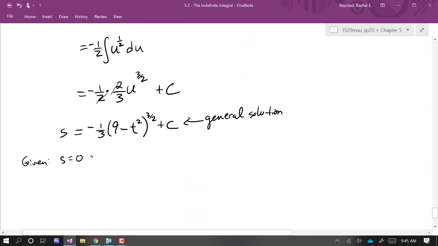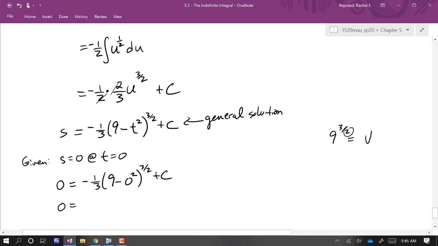S is 0 and t is 0. So I'm plugging those in. 0 is equal to negative 1/3 times 9 minus 0 squared to the 3/2 plus c. So let's see. 9 to the 3/2. That is the halves in the bottom.